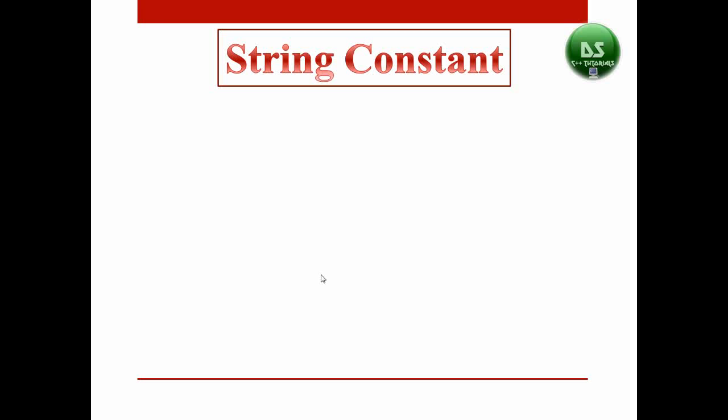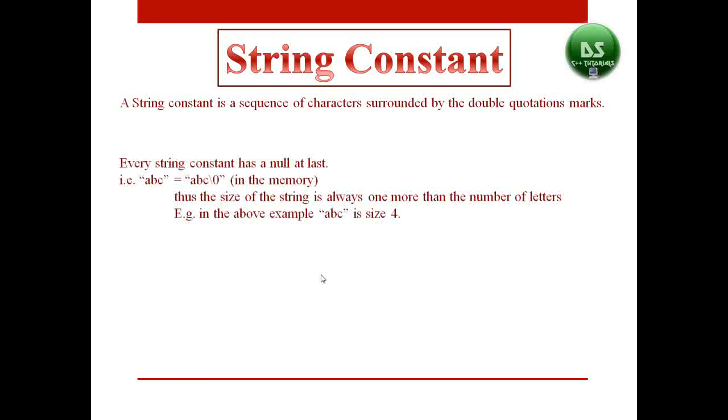Next we have string constants. A string constant is a sequence of characters surrounded by double quotation marks. Like in character constants we use single quotation marks, here we use double quotation marks. Every string constant has a null character at the end. Remember, every string constant, whatever the length may be, we have to add backslash 0 at the end.